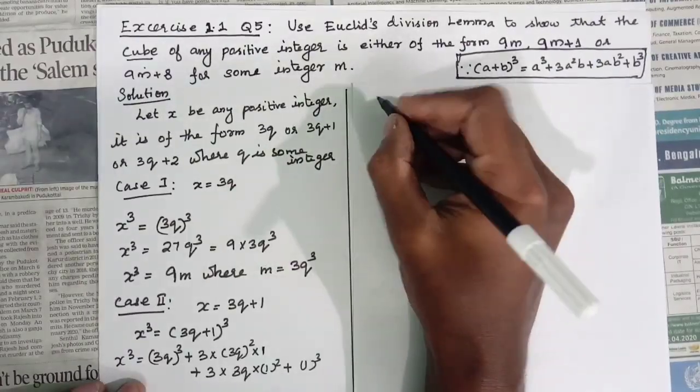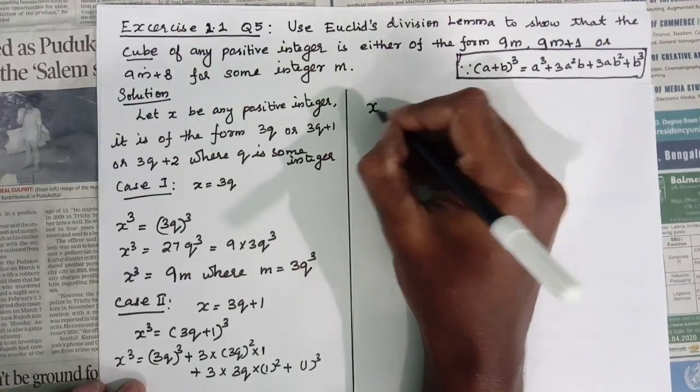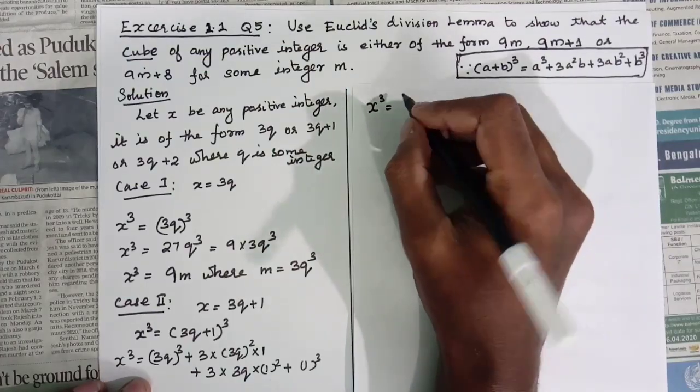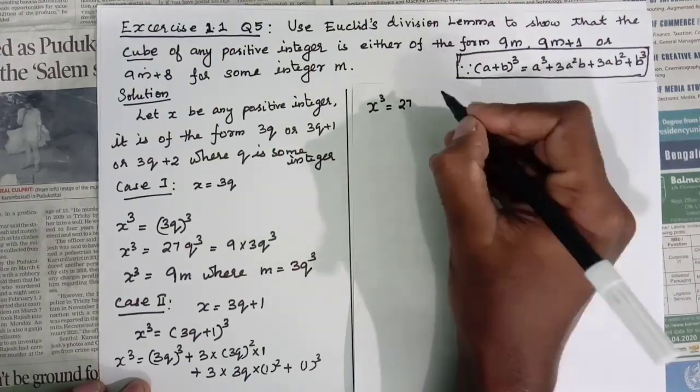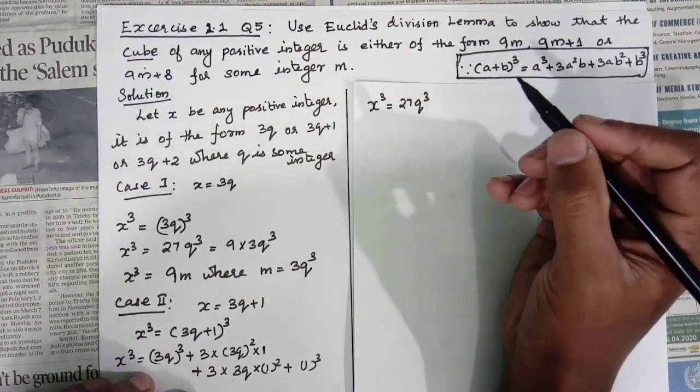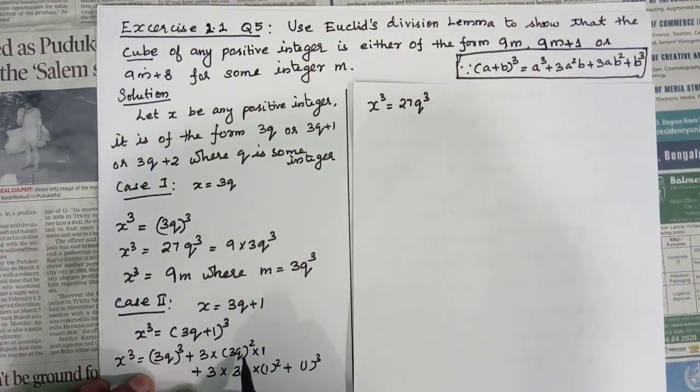So when you cube it, x cube is equal to 27q cube. Then we multiply this one. When we square it, 3 square is 9 and q square is q square.